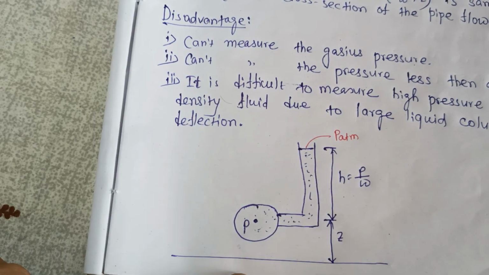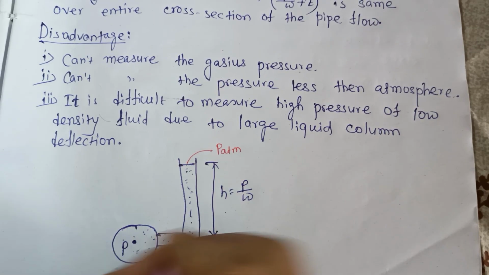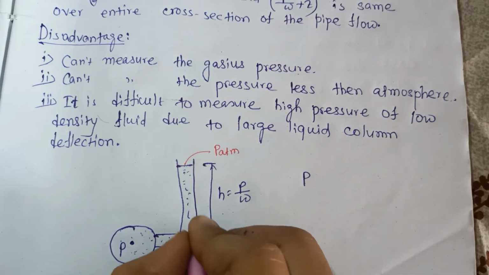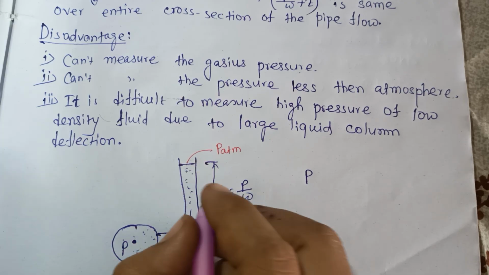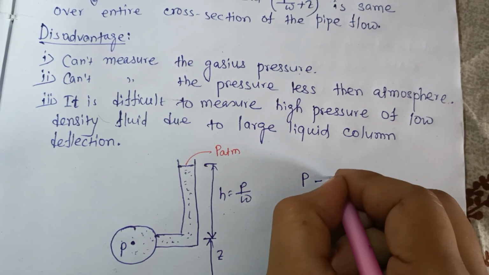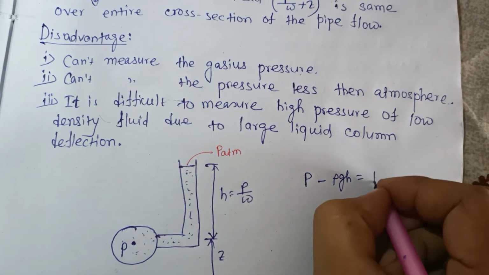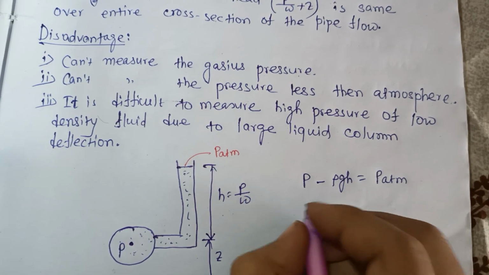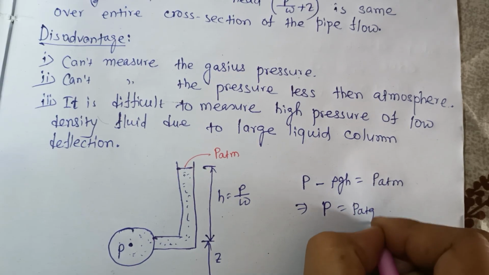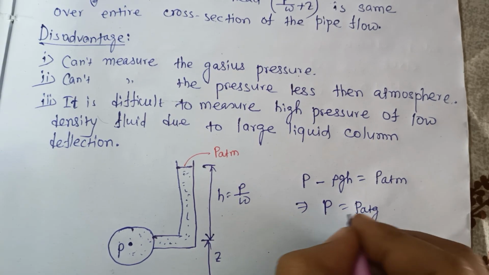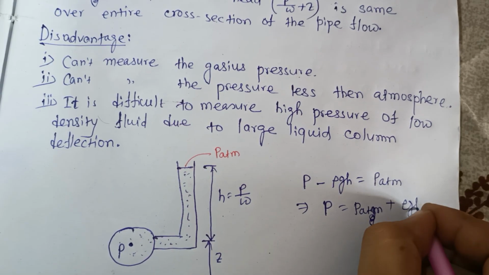Okay, so if you want to calculate the absolute pressure, P, if you go in the vertical upward direction, so minus rho g h, that is equal to the atmospheric pressure. So the absolute pressure is P atmospheric pressure plus rho g h.